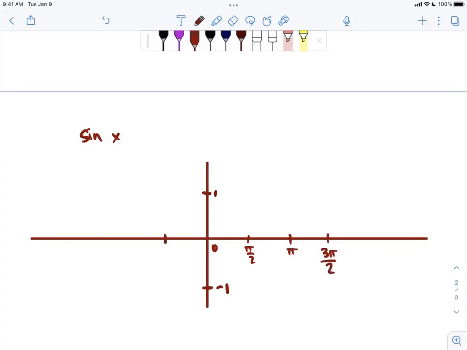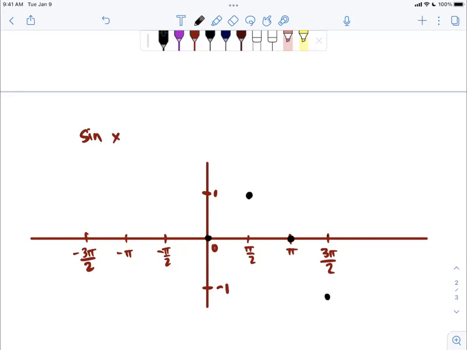And on this side, we have negative pi over 2, negative pi, and negative 3 pi over 2. So sine of 0 is 0. Sine takes the maximum value of 1 at pi over 2. Then sine of pi is again 0. And then it takes a minimum of -1 at 3 pi over 2.